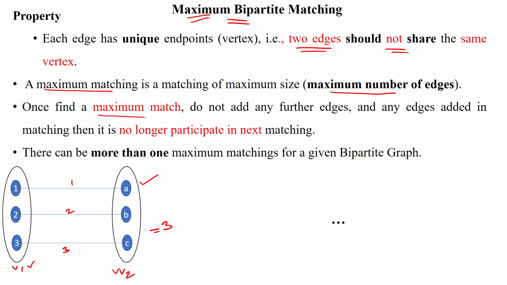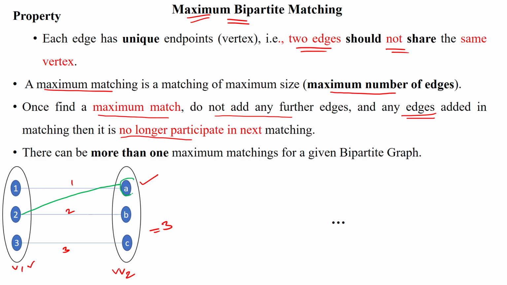Once we have found the maximum matching, we should not add any more edges. If you add any more edges, then it is not contributing to the maximum bipartite matching. You see, when I add a new edge from vertex 2 in V1 to vertex A in V2, then what is happening?